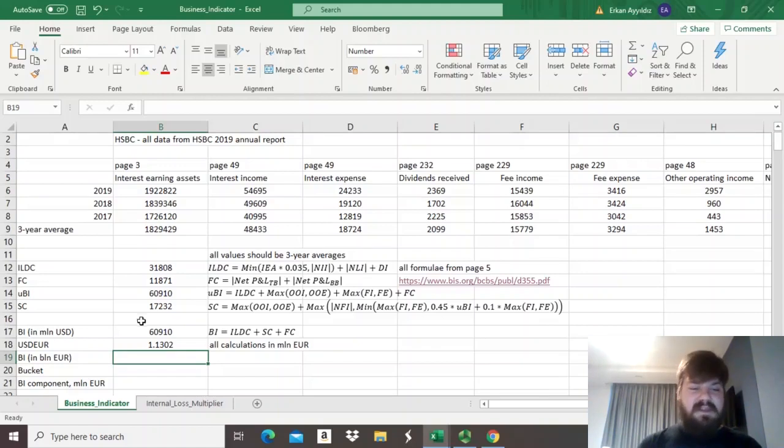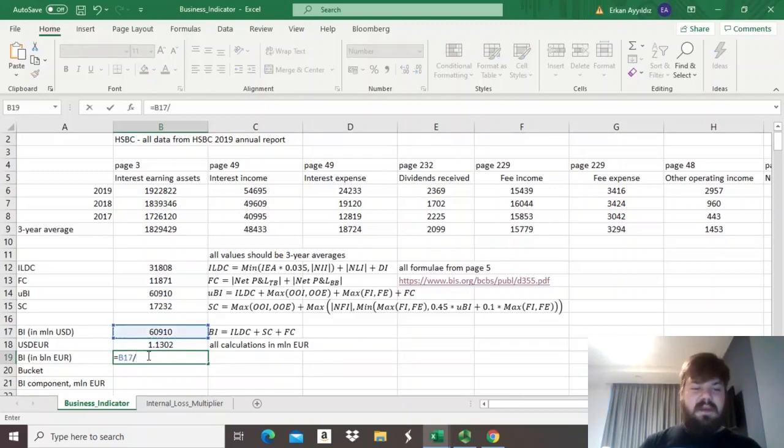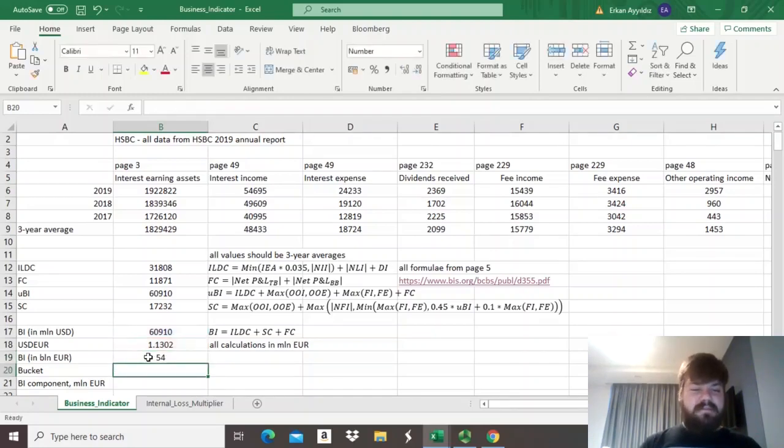As here we have the business indicator in millions of dollars, we need to first divide that by the USD euro exchange rate, which is 1.1302 at the time of recording, and then divide by 1,000, as we want to convert millions of euros into billions of euros. So here we see that the business indicator for HSBC is 54 billion euros.